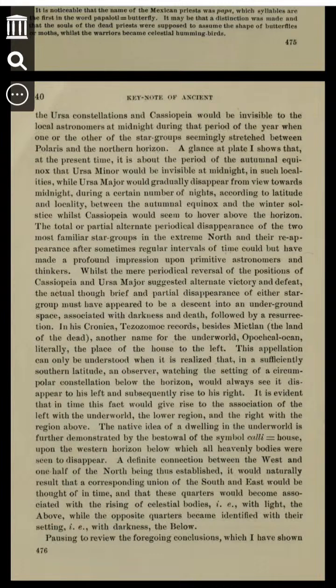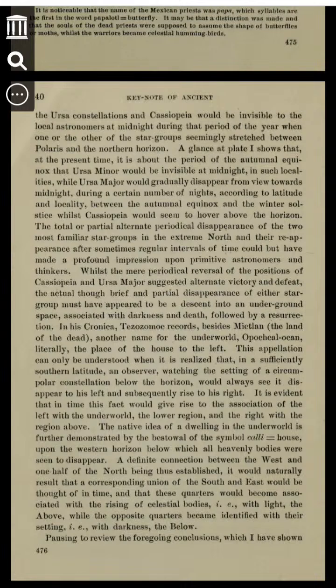My bad for that choppy read. Whilst the mere periodical reversal of positions of Cassiopeia and Ursa Major suggested alternate victory and defeat, the actual, though brief and partial disappearance of either star group must have appeared to be a descent into the underground space associated with darkness and death, followed by resurrection, right?